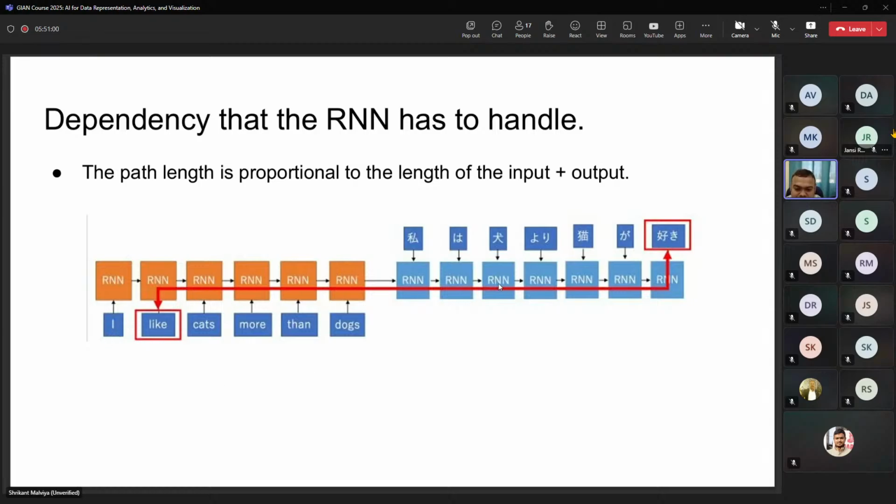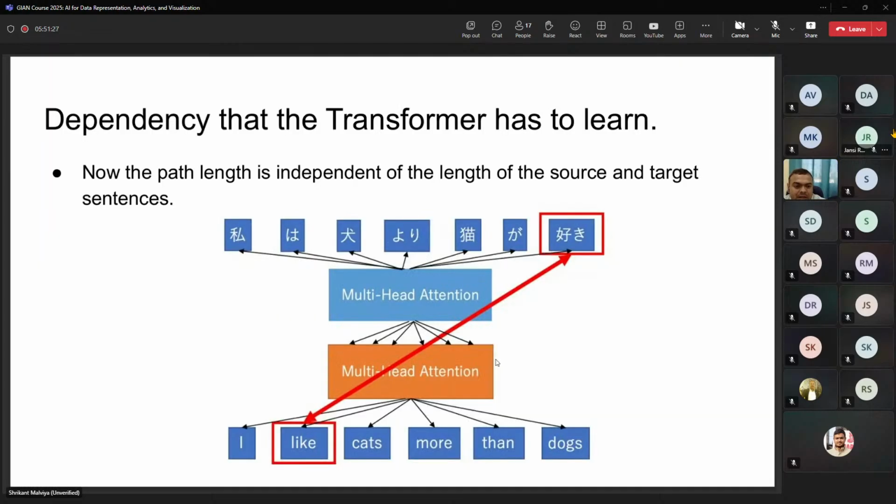This is caused by the vanishing gradient problem when there is a long range dependency between an output word and an input word. The information may not be able to flow properly or may get diminished during the generation. So that is also a major issue which has to be taken care of, and the transformer does that.